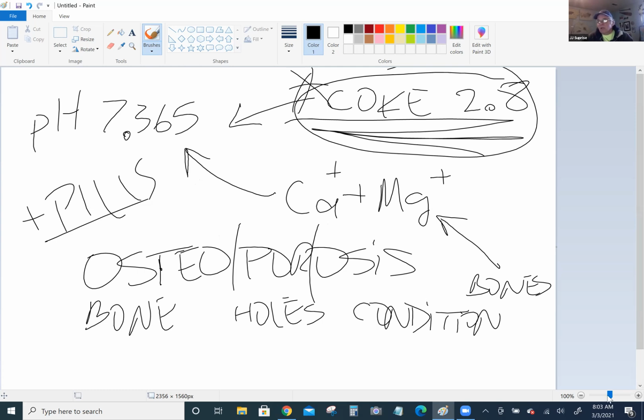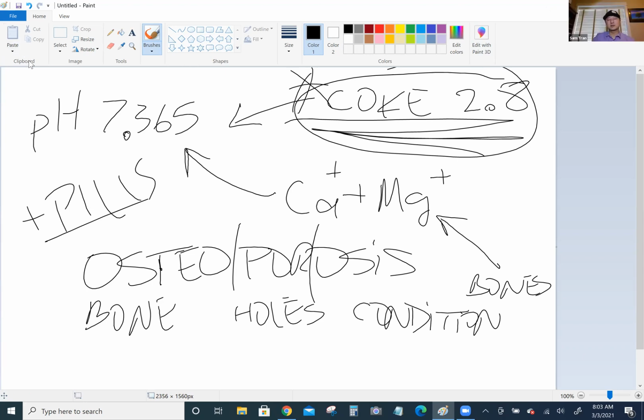Dr. Michael has talked about that it creates the same problem, probably a little bit slower, maybe not so brutally, the way Coke does, but those minerals that are in that water, your body can't use them, and so it triggers your body to do the same thing as if you were drinking Coke. It triggers your body to steal that calcium and magnesium from your bones, which in turn ends up giving you holes in your bones. Is that accurate? Yeah, that's accurate.